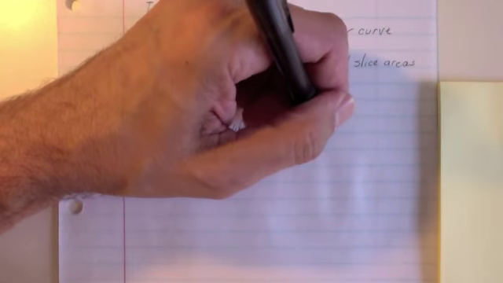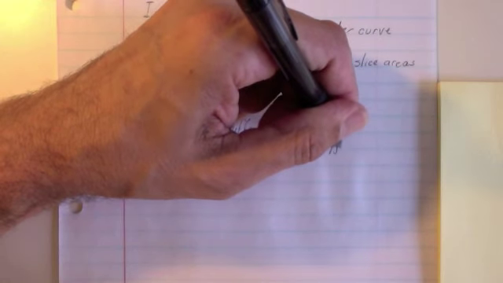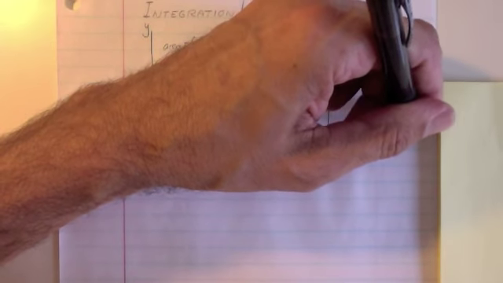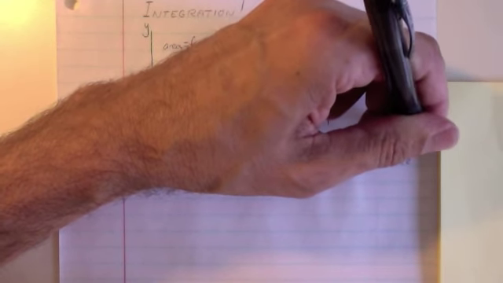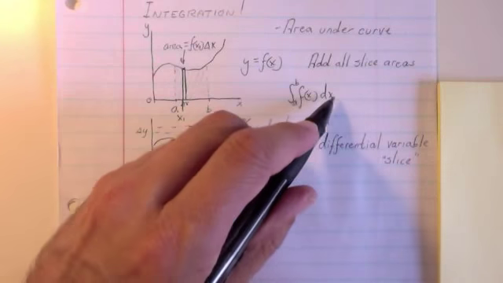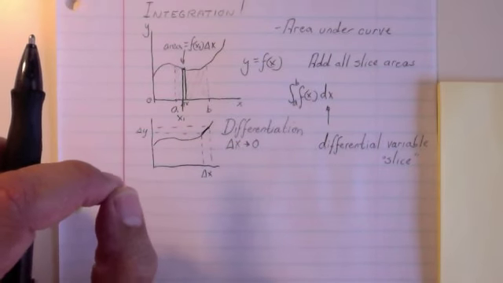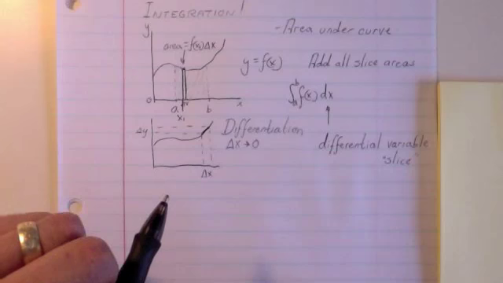dx is a little differential slice, I always think of it. It's the differential variable. I always kind of think of it as a slice. It's the thing that we want to minimize, that x. That little d just means we have an infinitesimally small part of x.